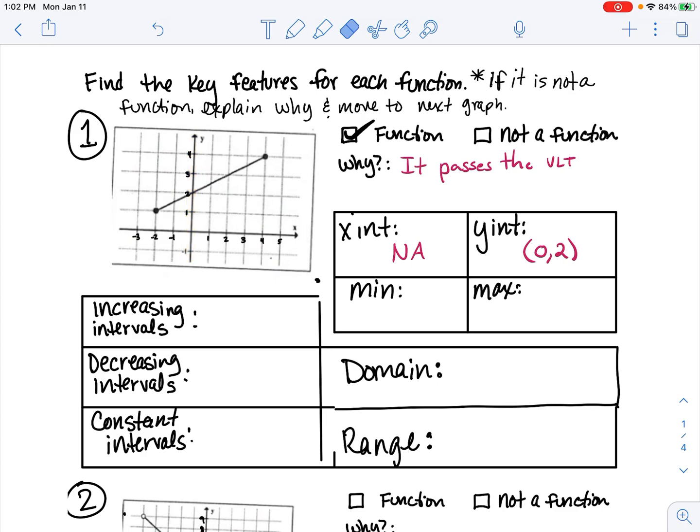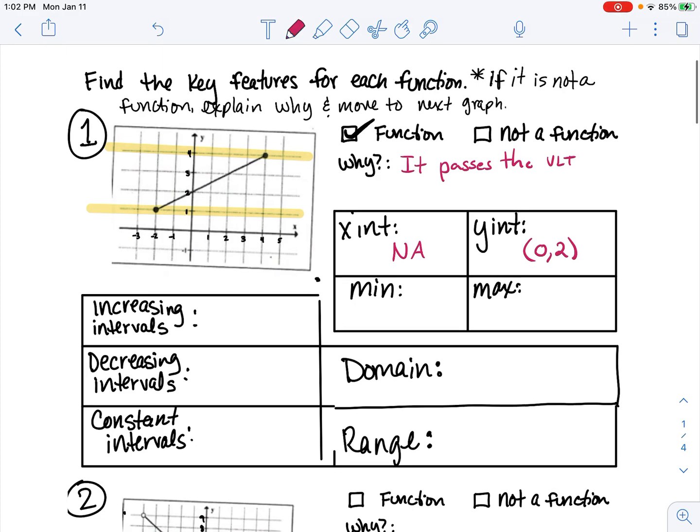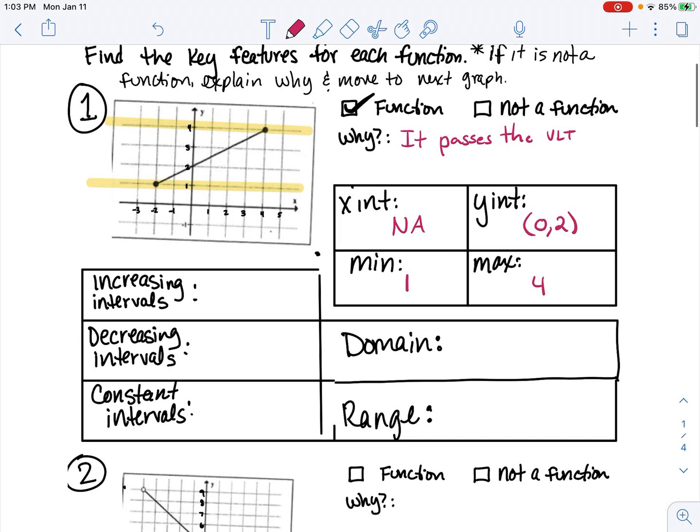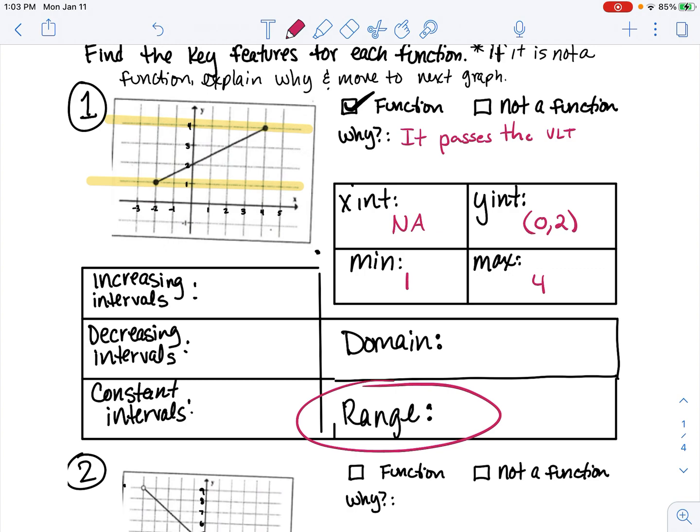Okay. What is the minimum, the smallest value? So the minimum and the maximum. So the minimum is 1 and the maximum is 4. And I'm going to go straight to the range down here, because the range has a minimum of 1 and a maximum of 4. We just found it out.